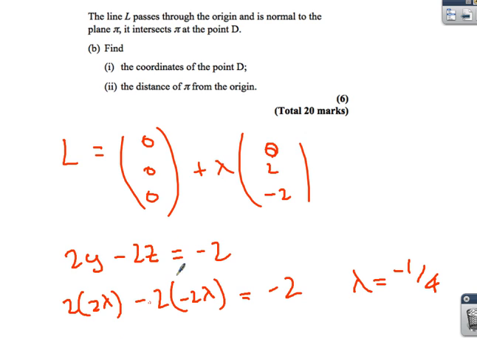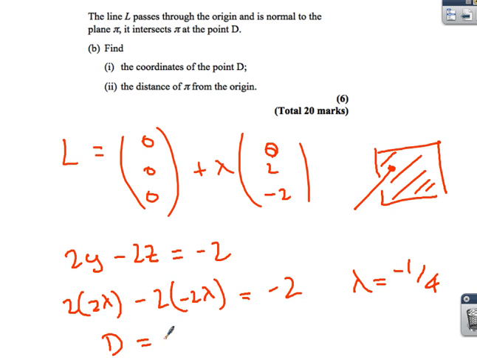So the point of intersection between the line, if you think about what's happening, I've got a line and I've got the plane here. Okay, so if I put lambda equals negative 1/4 into this equation here, I'm going to find this point here where the line intersects with the plane. So if I put lambda equals negative 1/4 into this, I therefore get the point D, which is the intersection, which will be 0, minus 1/2 and 1/2.